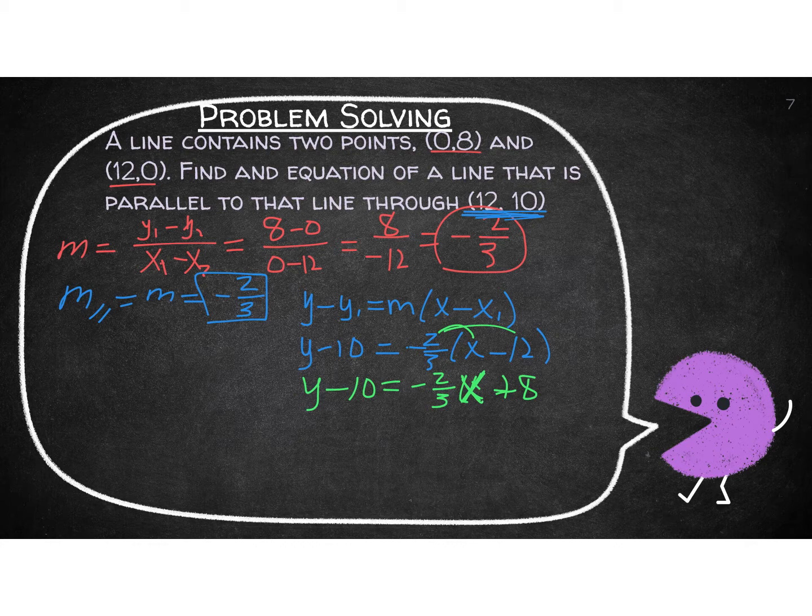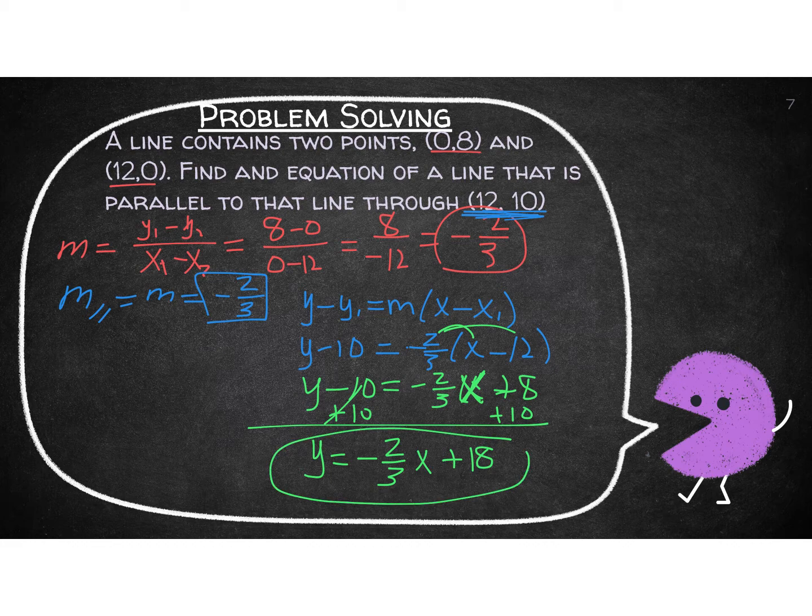And continue solving, so I'm going to add 10 to both sides, giving me y equals negative 2/3 x plus 18. And that would be the equation of your parallel line through the point 12, 10.